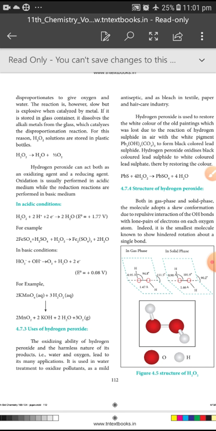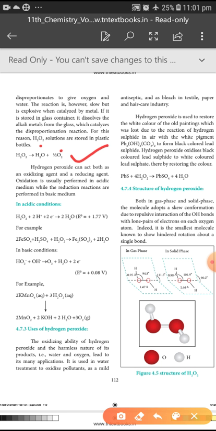This reaction is slow, but explosive when catalyzed by a metal.